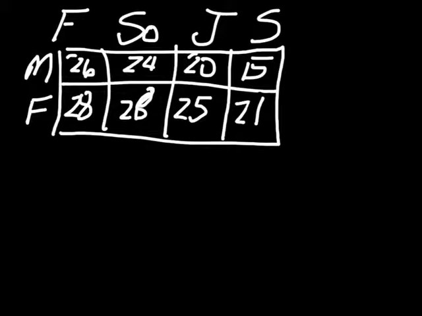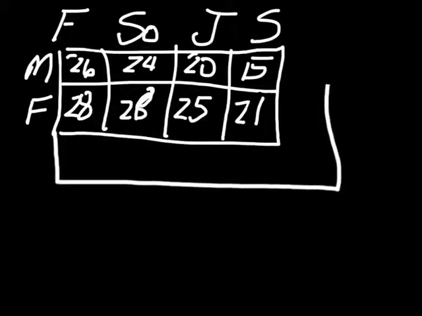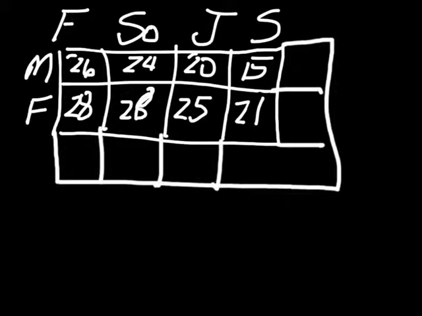The most important thing with a contingency table is, in general, you have to continue the table and find the totals. So what I'd like for you to do is stop and add these up and find the column totals and the row totals and then the table total.